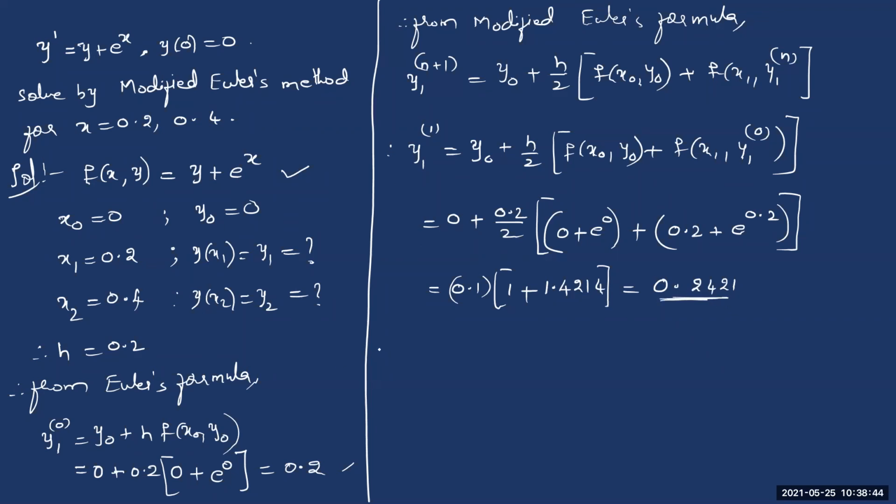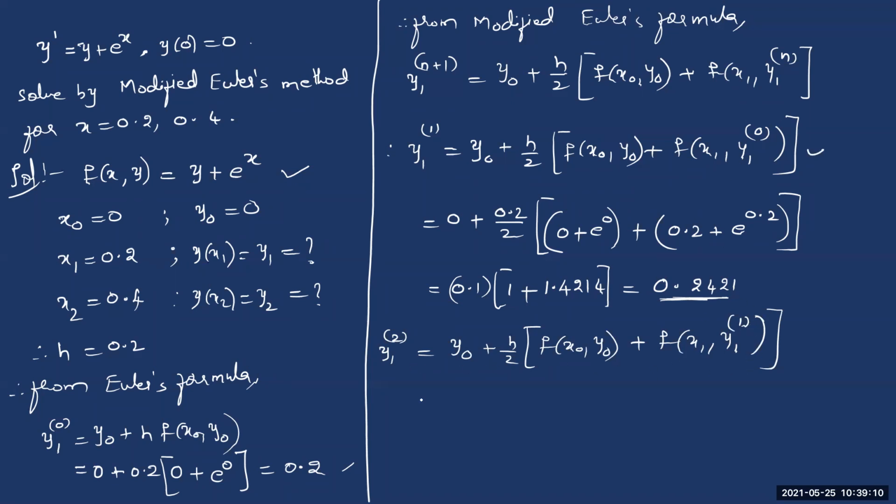Now let me calculate the second approximation to y1. Y1 second approximation is again y naught plus h by 2 times f of x naught, y naught plus f of x1 comma y1 first approximation. In the previous iteration, we substituted the initial approximation here. Now in the second approximation, we are substituting the first approximation.